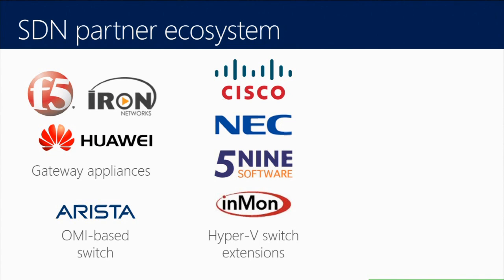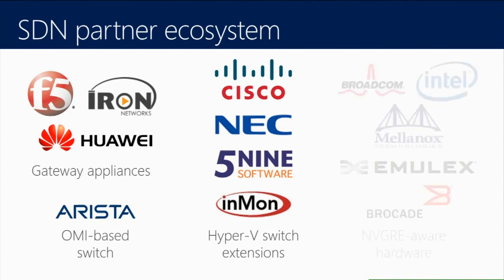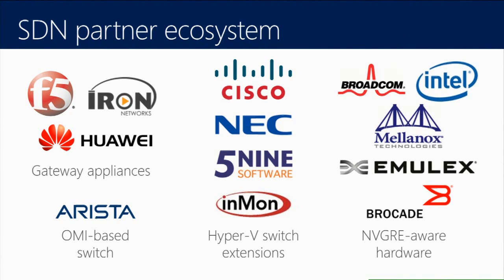And then Five9 has built a firewall switch, whereas InMon has also worked with us to build an sFlow extension, which is Hyper-V network virtualization aware. And then we have NVGRE hardware. As Ravi was mentioning, in order to get better scale, better performance, we have worked with Emulex very closely in their vNex platform that can use task offload to make the Hyper-V network virtualization scale even better than it is.